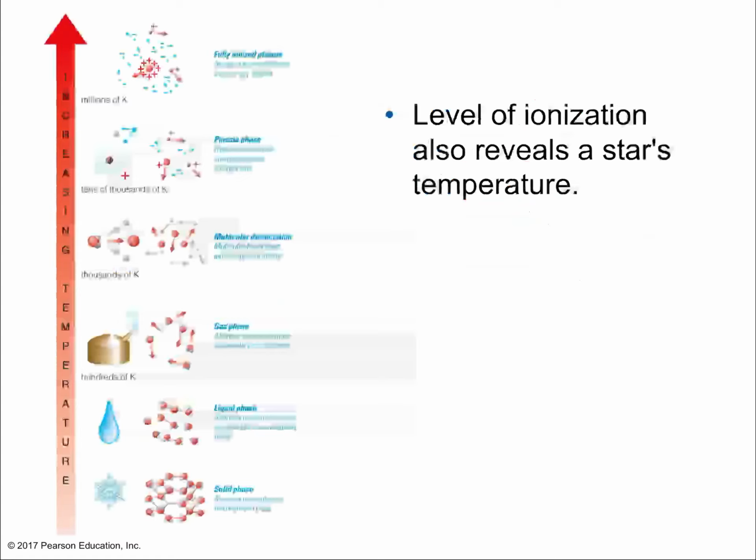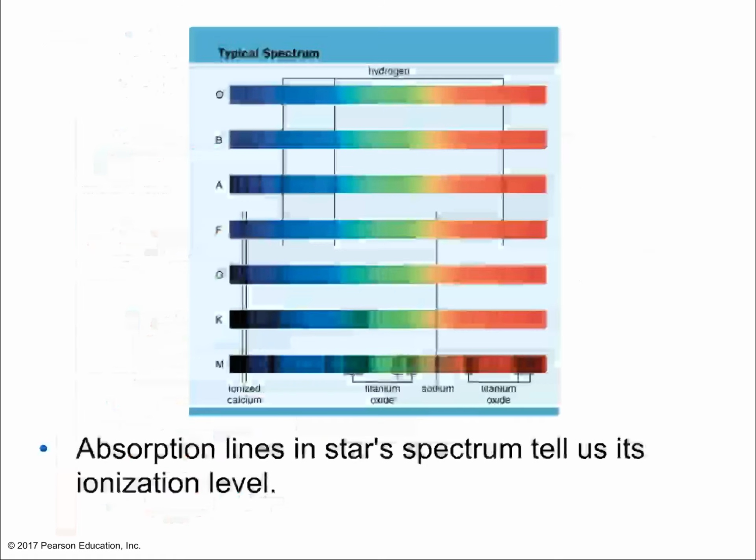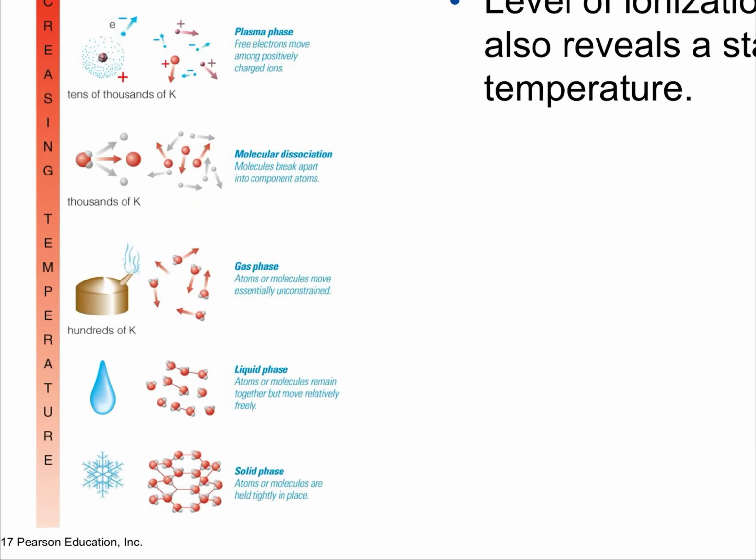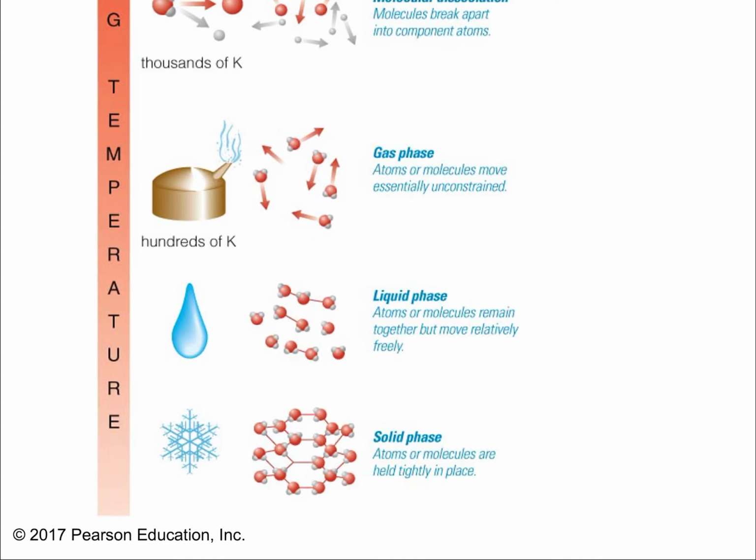So, a cool thing about temperature and what's going on with molecules. I'm just going to run through this because it's a bit of a tangent, but it's relevant. Their level of ionization also reveals a star's temperature. When things are solid, that's lower temperature. As you add temperature, they phase change to a liquid.